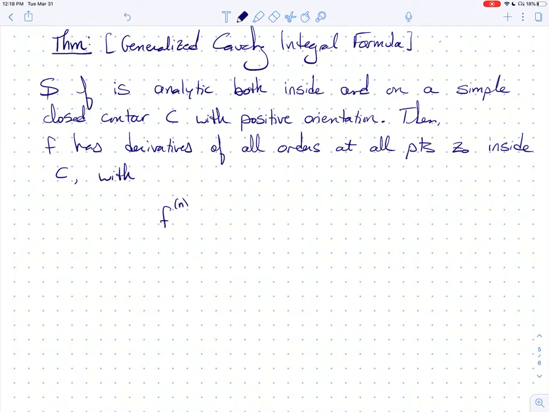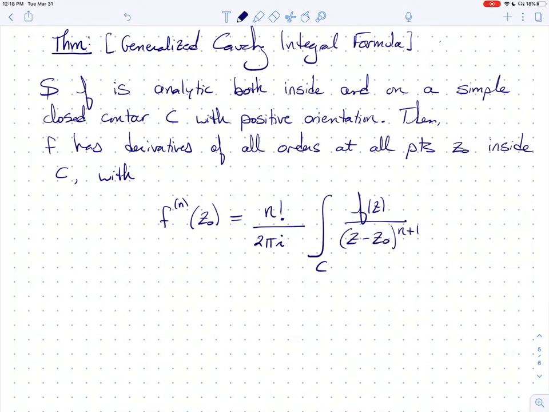If you want to know what the nth derivative of f at z naught is, well, it's equal to n factorial over 2 pi i times the integral along C of f of z over z minus z naught to the n plus 1 dz. And just to be clear here, my n could be 0, and in that case we're back to the Cauchy integral formula, or 1 or 2, so on and so forth.